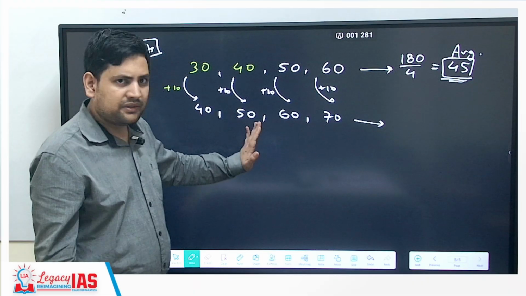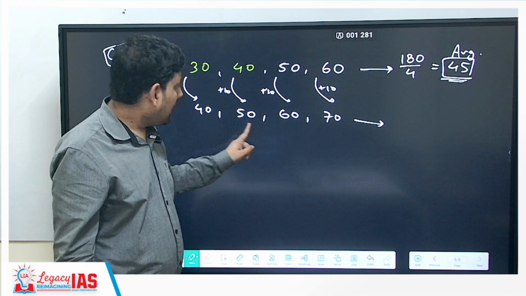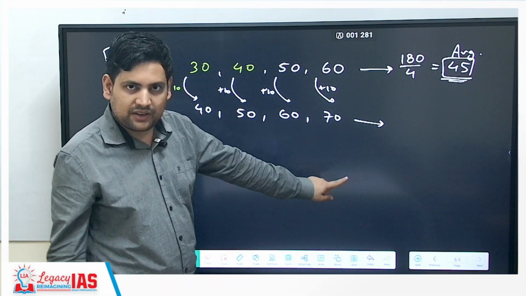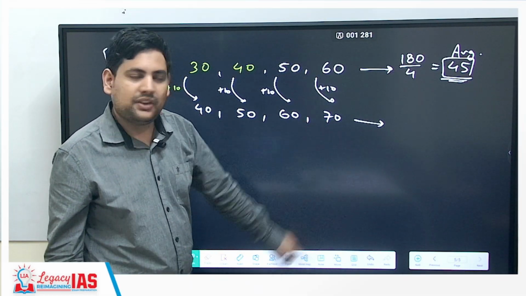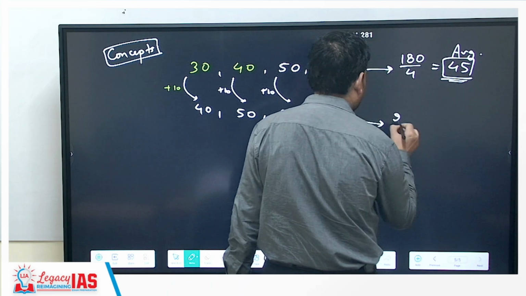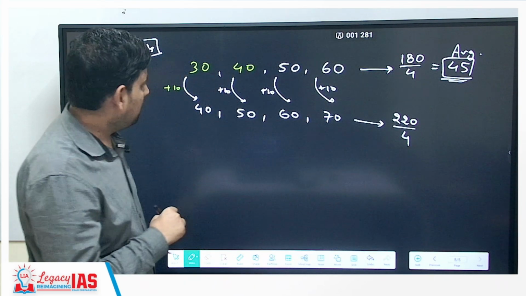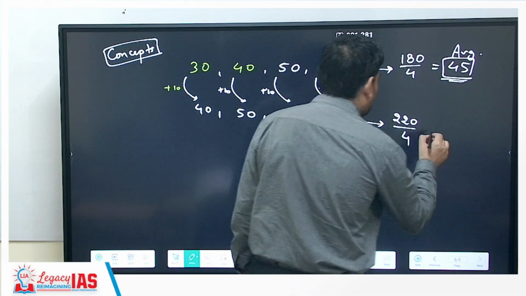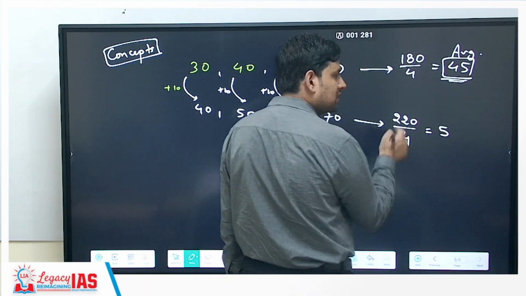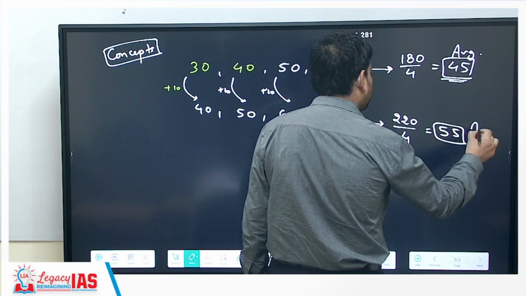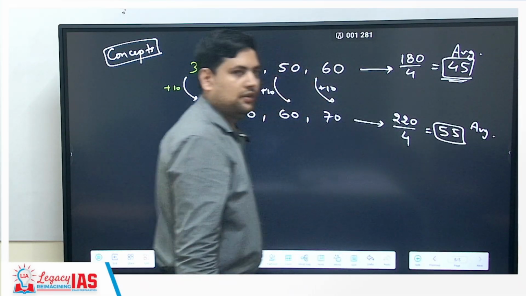So 40 plus 50 is 90, 90 plus 60 is 150, then 150 plus 70 is 220. Now 220 by, again number of observations is what? 4. So 220 by 4. How many times will this go? This will go 5 times. 2 will remain with 20, it will go 5 times. Average came out to be 55.